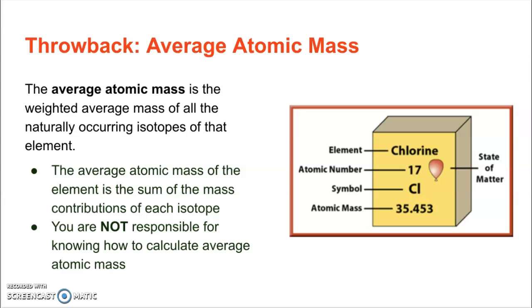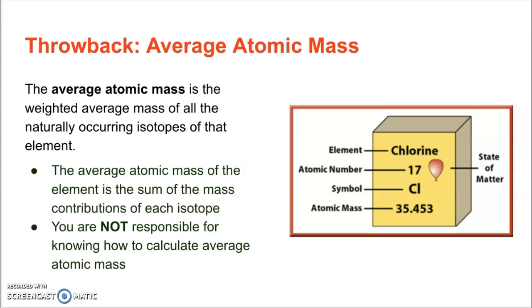We talked the other day about average atomic mass. Okay, there's two things that have the word mass. Mass number that we said cannot be found on the periodic table. And the other one is the atomic mass, which is the decimal point number on the bottom of each element on the periodic table. Your average atomic mass is the weighted average mass of all naturally occurring isotopes of that element.